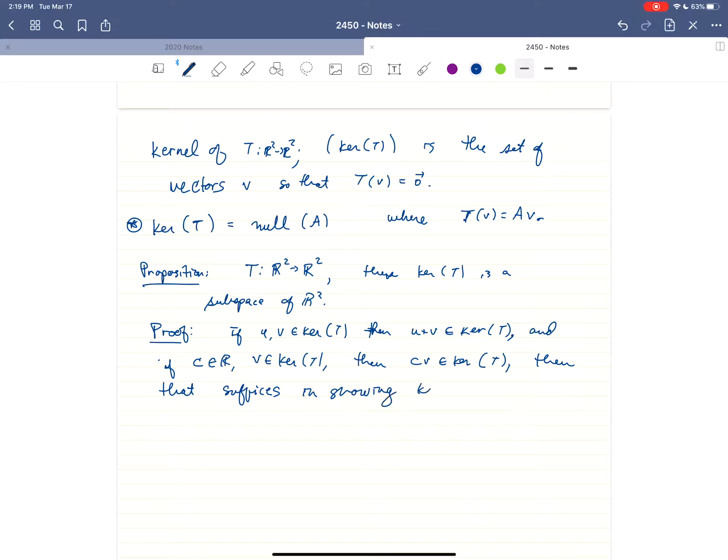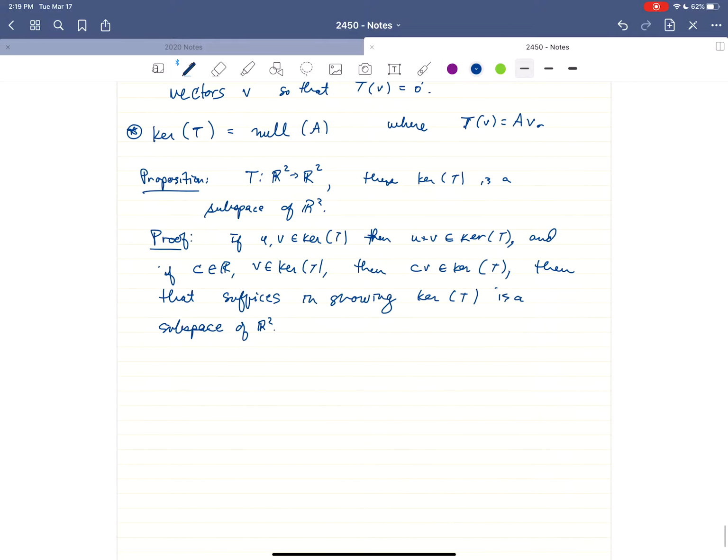So we have these two things to check. We have that the kernel is closed under addition, and we have that the kernel is closed under scalar multiplication, and if that's the case, that'll show that the kernel is a subspace of our domain, R2.